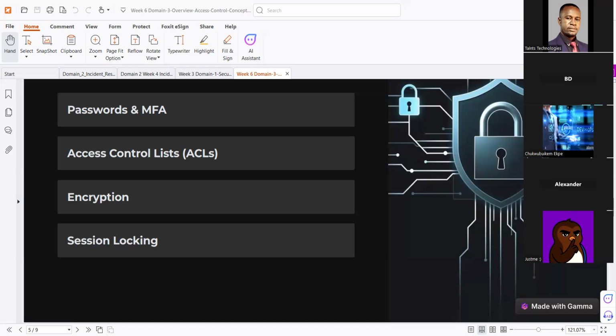Encryption is one of the powerful tools in cybersecurity. We use it to safeguard sensitive information from unauthorized access. How it works is that we take the plain text and produce cipher text, which is an encrypted, unreadable version of the data.